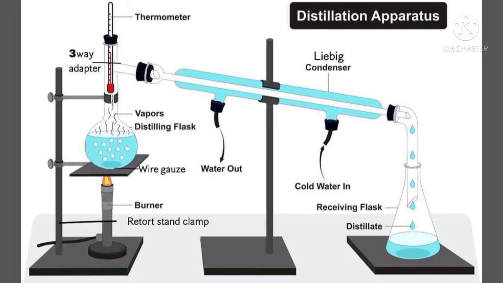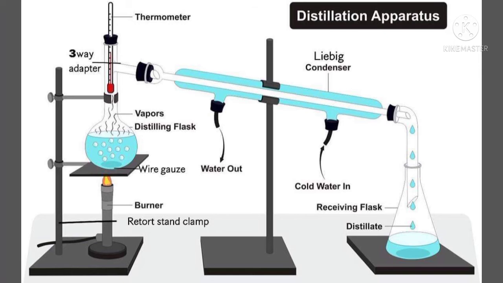The fractionating column is placed between the flask containing the mixture and the three-way adapter and improves the separation between the liquids being distilled. The upper part of the three-way adapter holds a thermometer to determine the boiling temperature of the liquid.